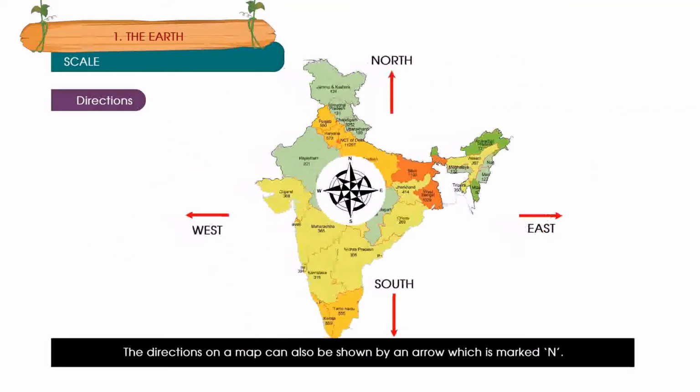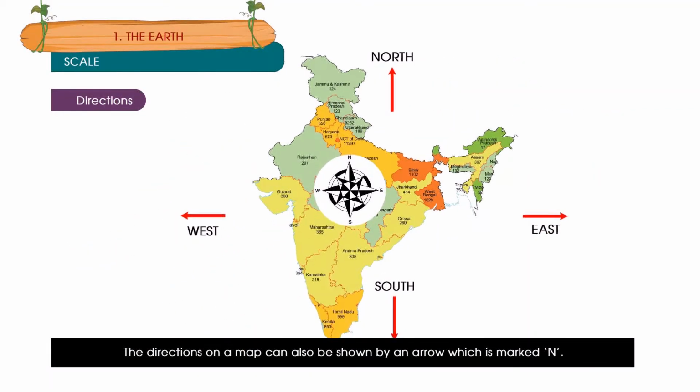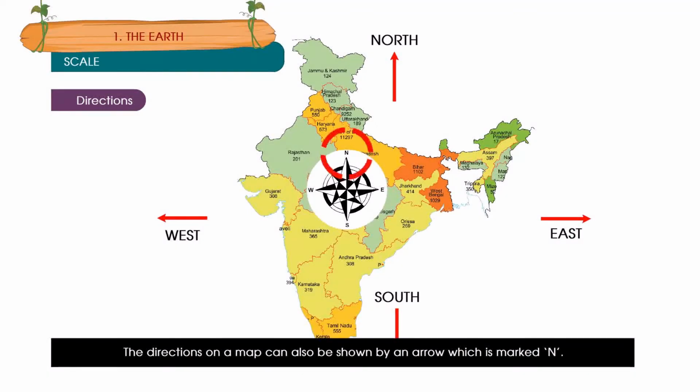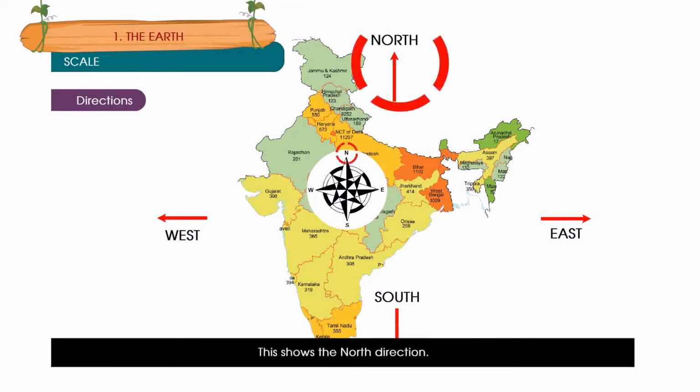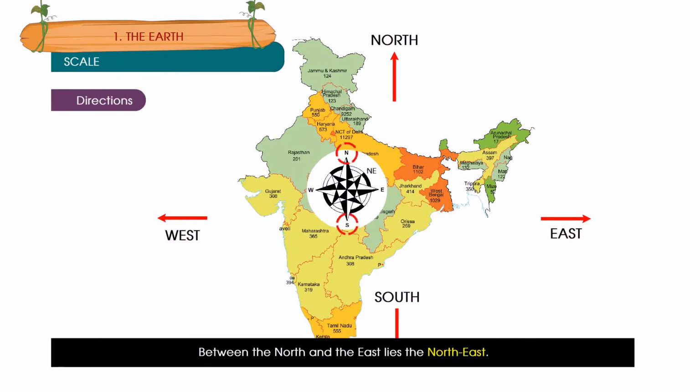The directions on a map can also be shown by an arrow which is marked N. This shows the north direction. Once you know where north lies, it is easy to find the other directions. We can also mark sub-directions on a map. Between the north and the east lies the northeast.